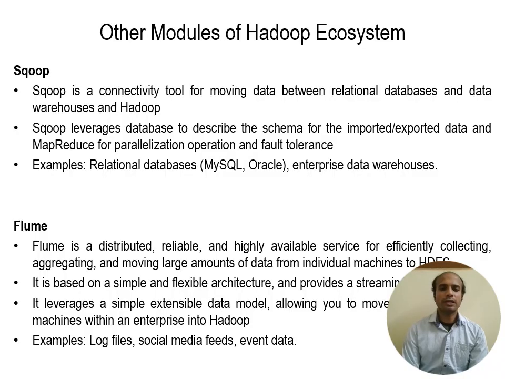So Sqoop is a connectivity tool for moving data between relational databases, data warehouses, and Hadoop. Sqoop leverages databases to describe the schema for the imported or exported data, and MapReduce for parallelization operation and fault tolerance.